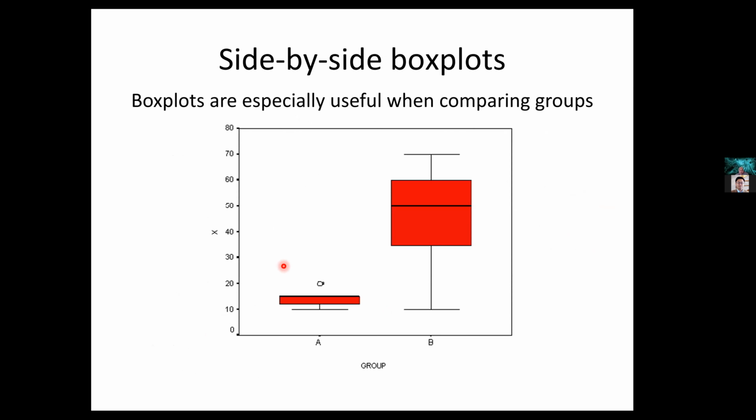You also have side-by-side box plots. These are just examples of 2 different groups. If you want to see a relationship, a box plot would be the best idea if you're using ordinal or nominal values.